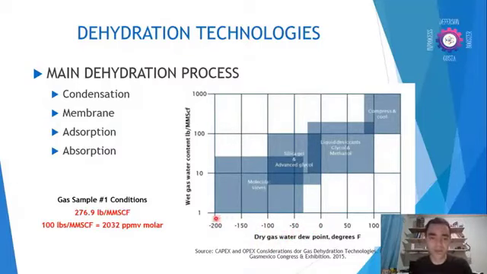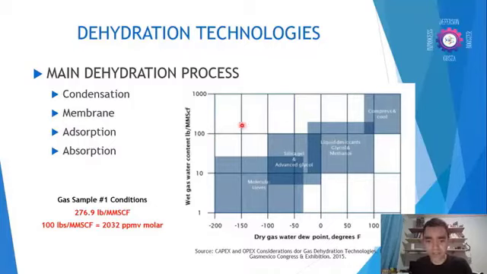So in my case, for instance, we have seen that we have around 280 pounds per million cubic feet of water. So it is around here, because we are seeing a logarithmic scale here. So we have something around here.